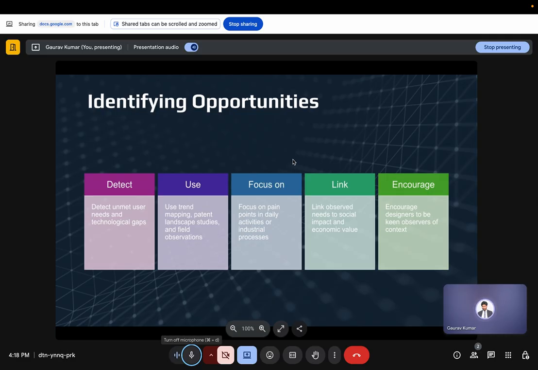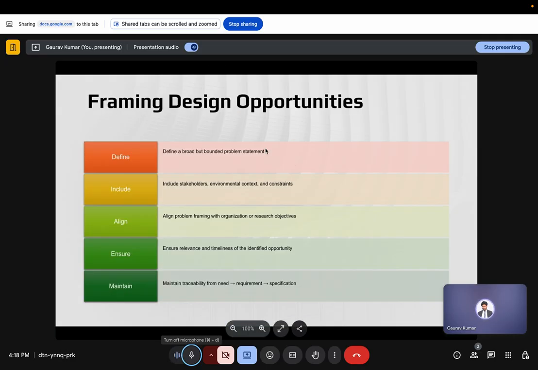Now we are moving into the next slide, called framing design opportunity. A good problem frame is broad enough to permit creativity yet bounded enough to focus effort. It names the stakeholders, context, constraints, and measurable outcomes.